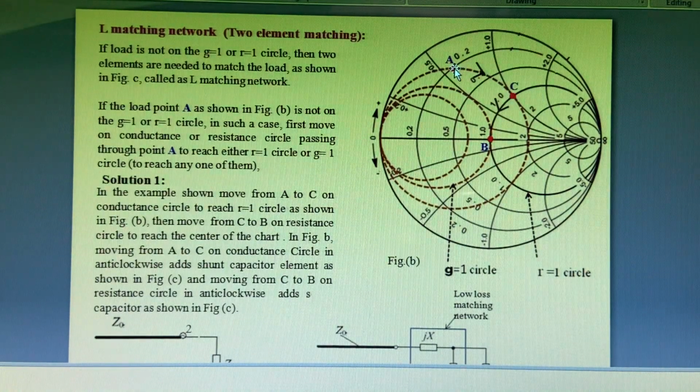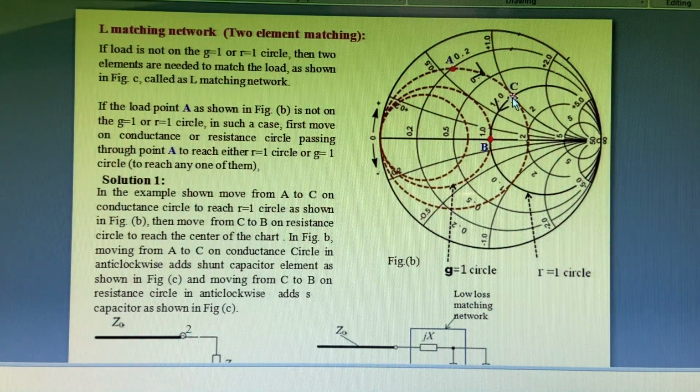You stop here. So we started from A, moved on a conductance circle, and reached the R is equal to one circle. That is one movement from A to C.